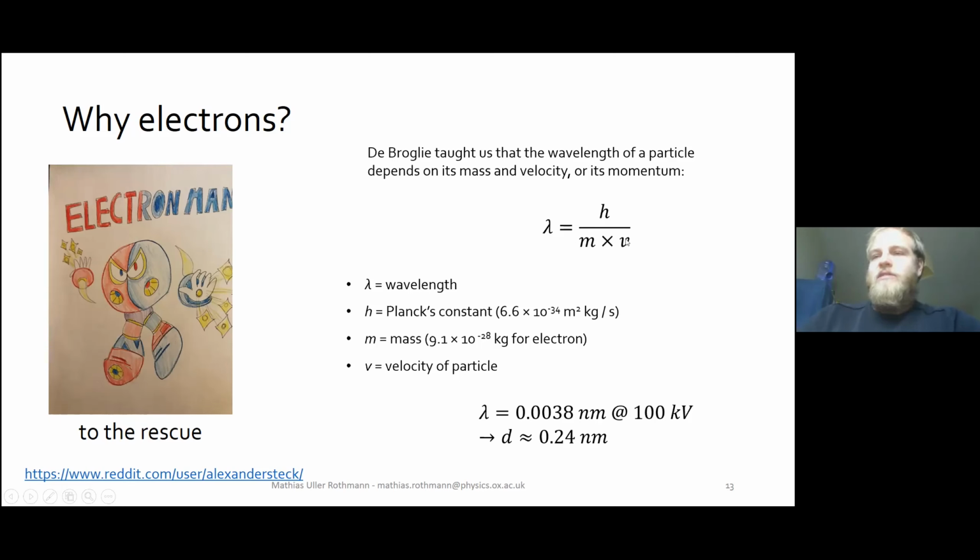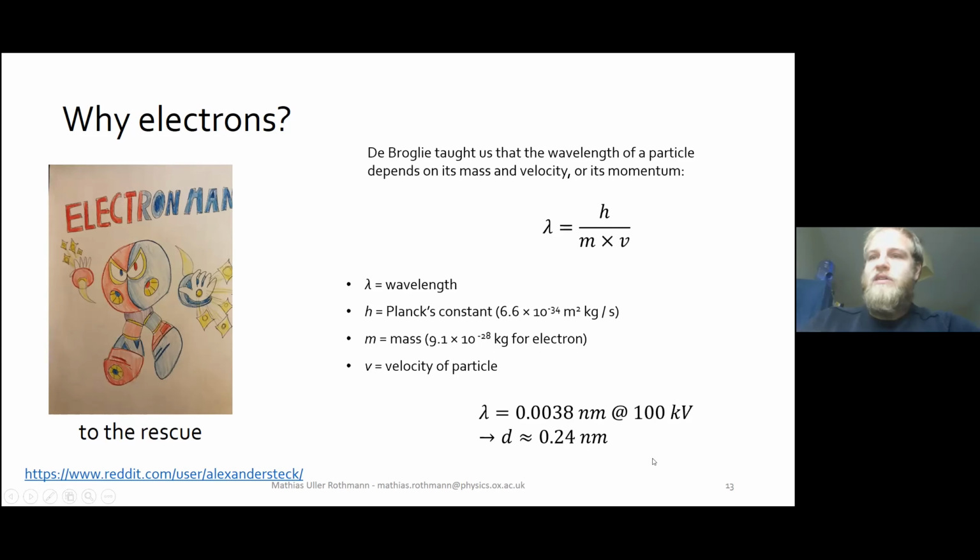Now, this velocity is really important, because if we accelerate electrons, we can accelerate them to a really, really high velocity, close to 80% of the speed of light, using a couple hundred thousand volts. In a typical microscope, this is at 100 kV, though we'd more commonly be running at 200 kilovolts, and we get a wavelength of a couple thousandths of a nanometer, a couple of picometers, and a resolution that's less than 1 nanometer.